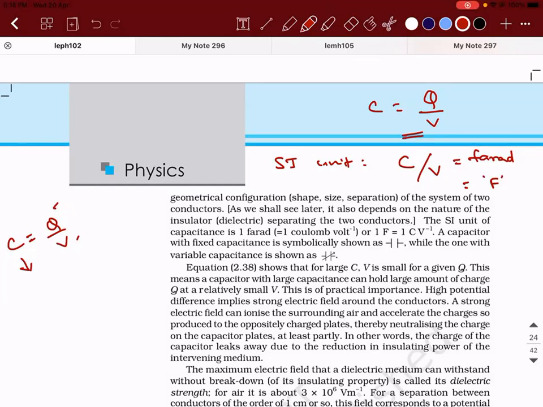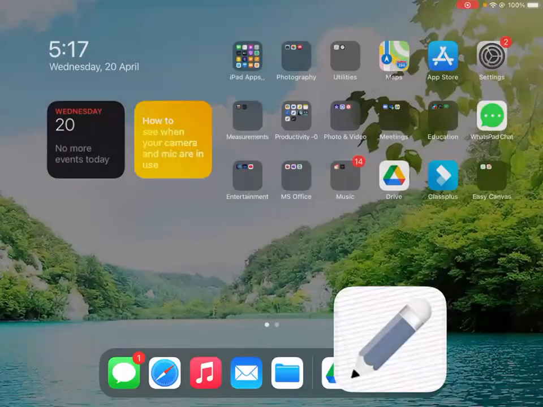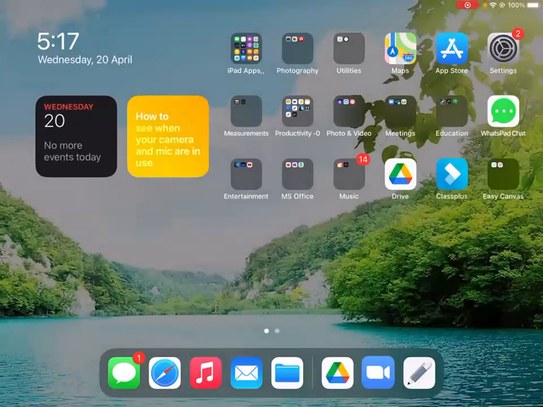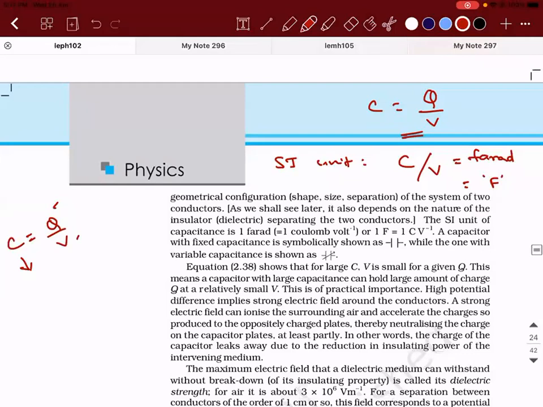So please make a note of this point. Capacitance of a given device is always a constant, and it is independent of the charge or potential difference.